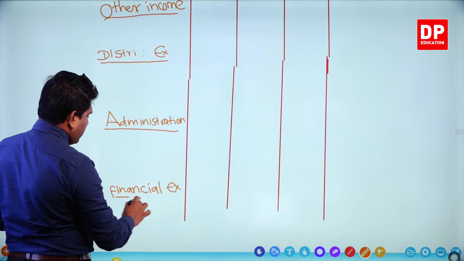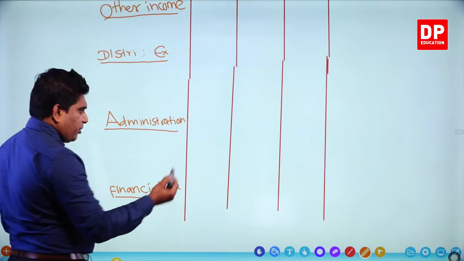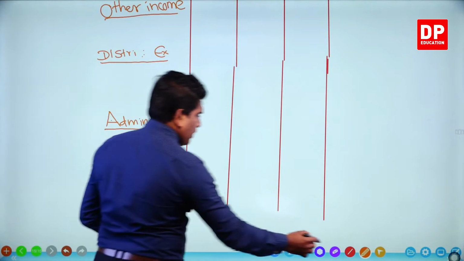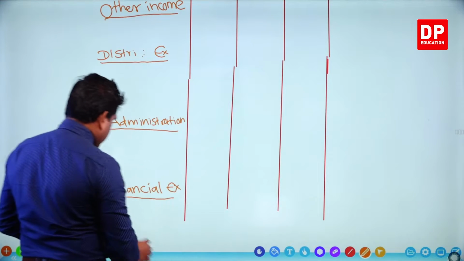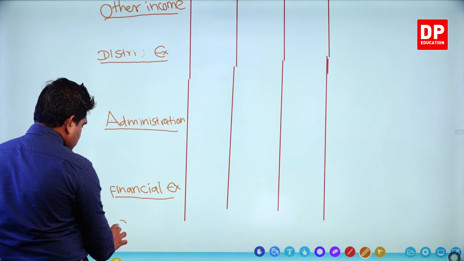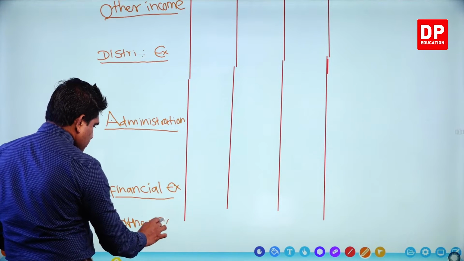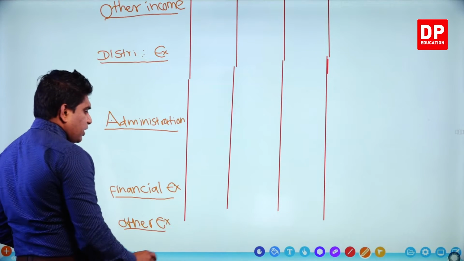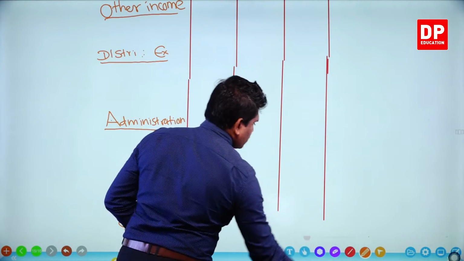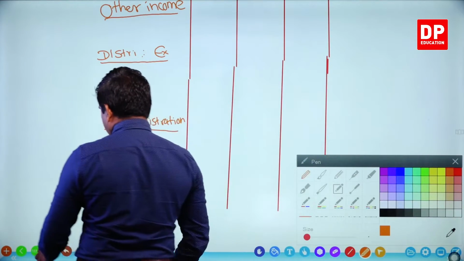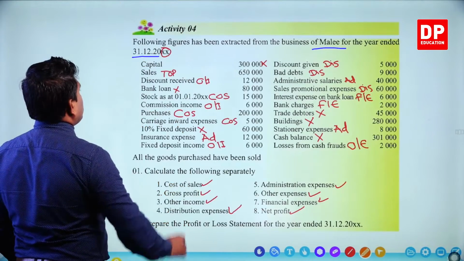Then you can give, I think I remember only 2 expenses are there, right? Then finally other expenses, right? Other expenses. Now what do you do? Then we put the details from the question into the given format, right? Okay.